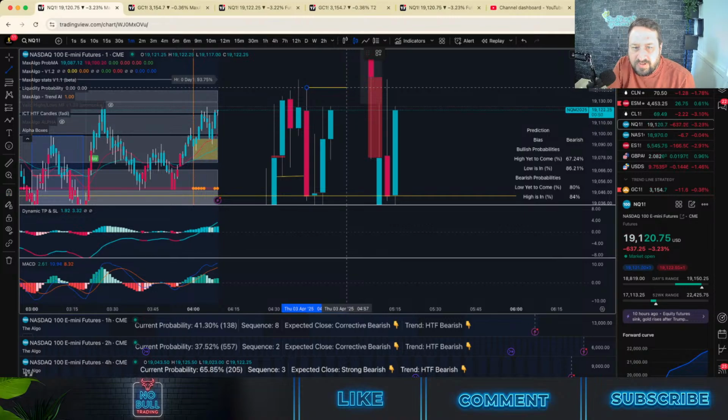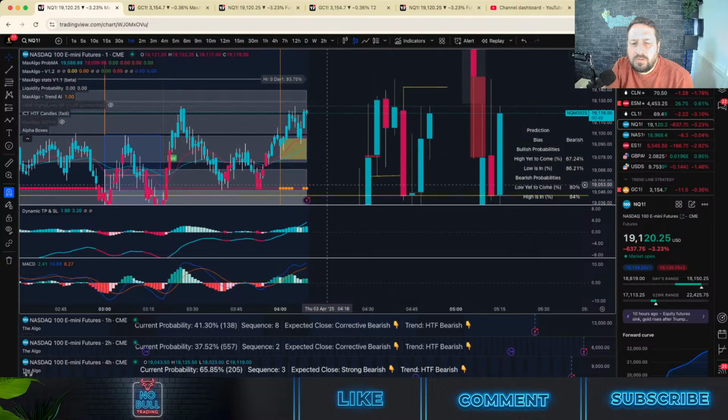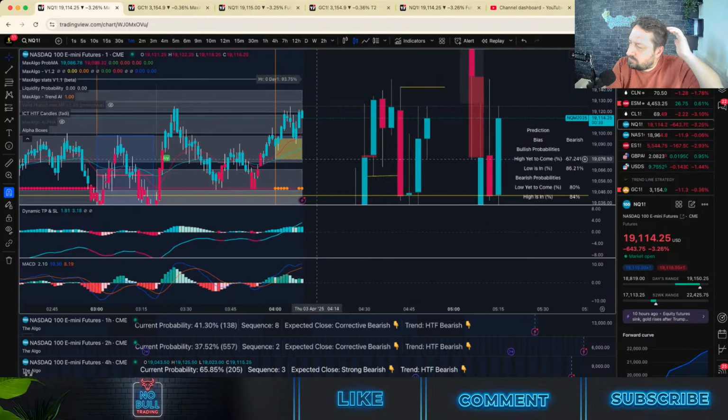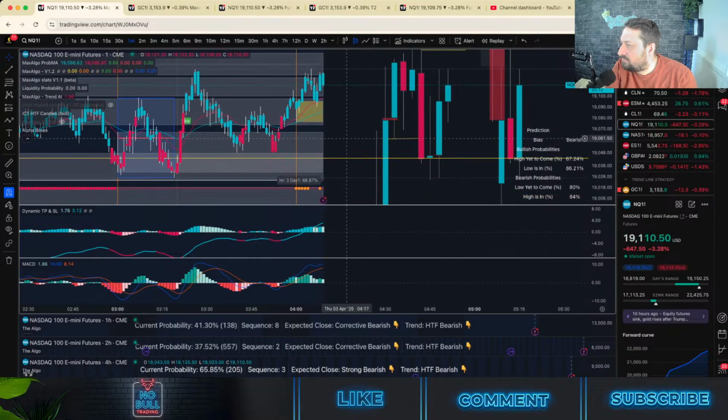Want to see price close above here? It'll come round though, surely. It's a good time to be buying the Nasdaq long, holding long term.